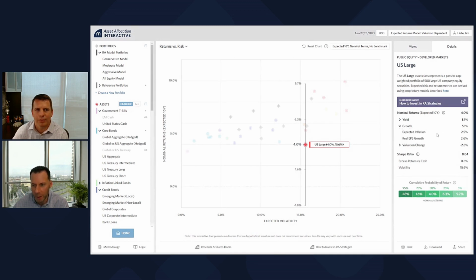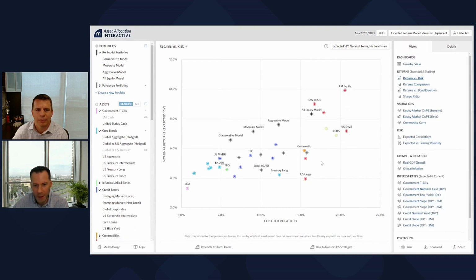I'll drill in here real quick and show that real earnings per share growth is about 2.6 by our models, and our expectation for inflation over the next 10 years is about 2.5. And then a pretty severe headwind, what we call valuation change of minus 260 basis points. What that means is that we expect multiples, in this case, the CAPE ratio, to compress over that time. So you put all that together, you get a 4% return.